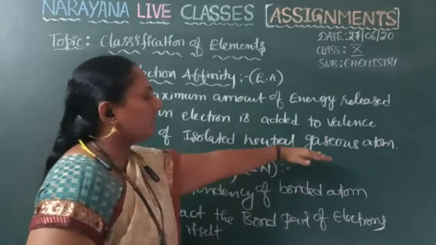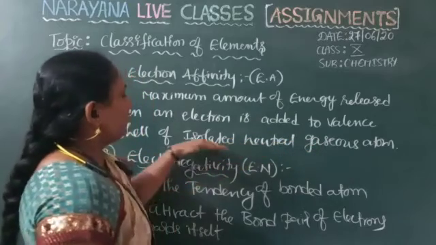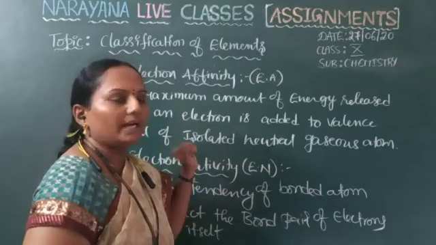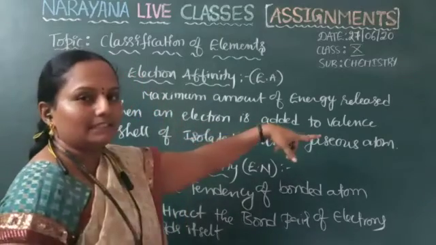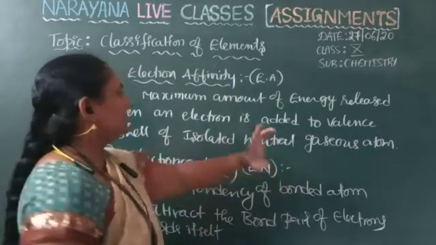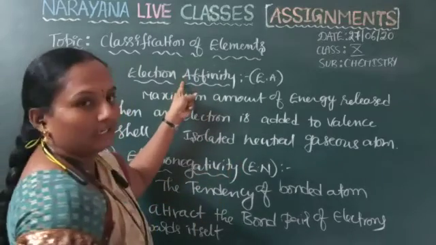The atom should be in the gaseous state and neutral. It should be isolated, since the distance between gaseous molecules is very high. In that case, when an electron is added to the valence shell, the amount of energy released is considered as electron affinity.